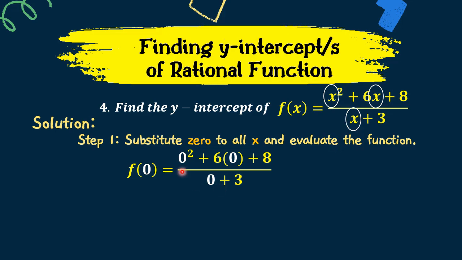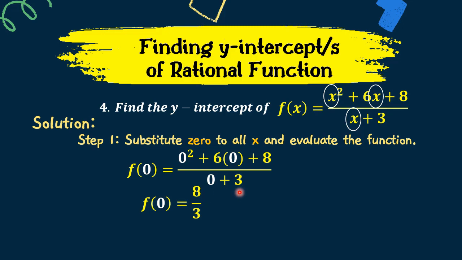So we have a new function, the function of 0, which is equal to (0 squared plus 6 times 0 plus 8) divided by (0 plus 3). Simplify. 0 squared, so 0 times 0 is 0. 6 times 0 is 0, so 0 plus 0 is equal to 0, plus 8 is equal to positive 8.